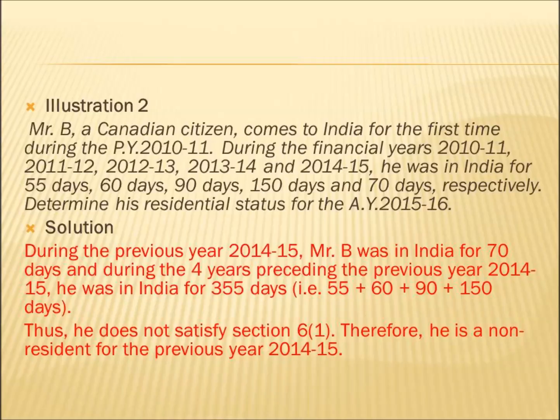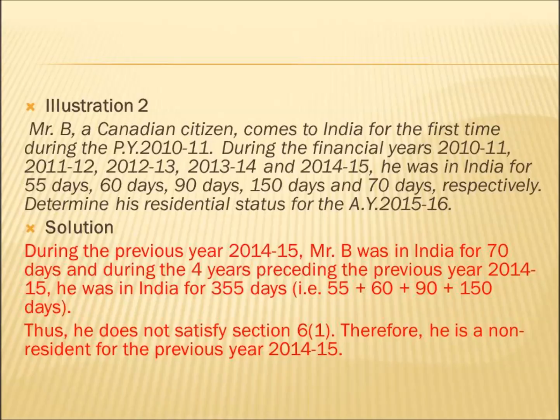During the financial years 10-11, 11-12, 12-13, 13-14 and 14-15, he was in India for 55, 60, 90, 150 and 70 days respectively. Meaning in 10-11 he was in India for 55 days, 11-12 60 days, 12-13 90 days, 13-14 150 days and 14-15 70 days. So we have to determine his residential status for the assessment year 15-16.